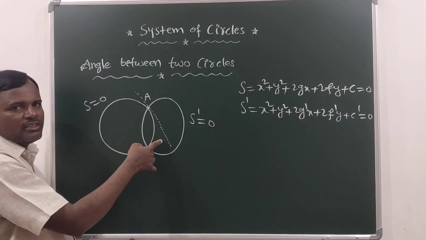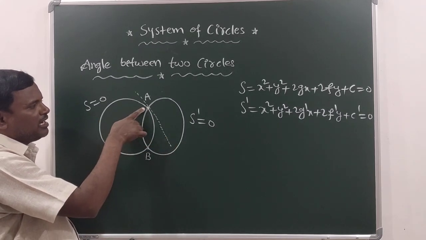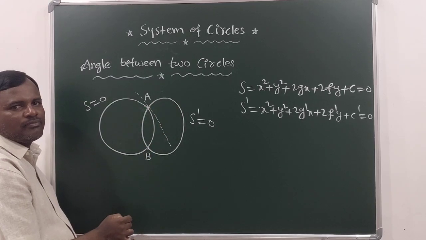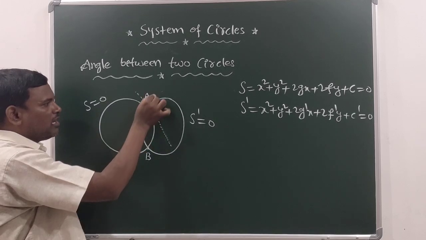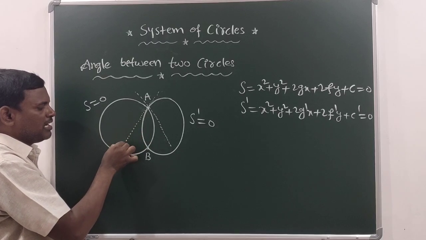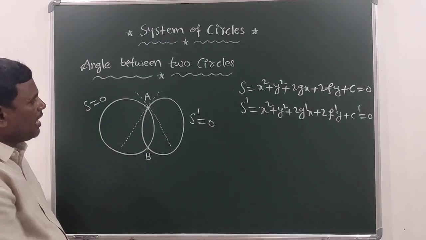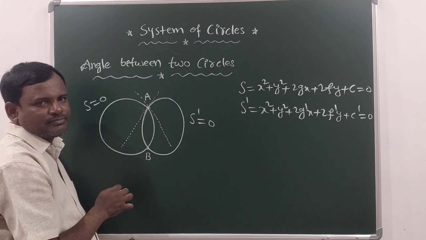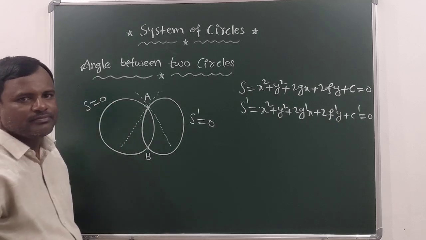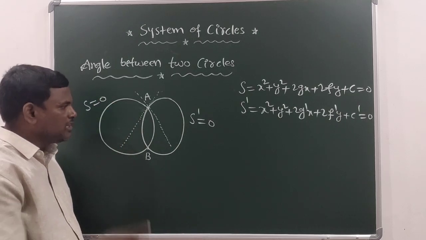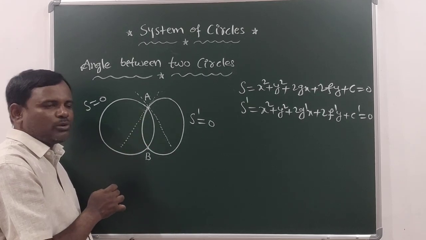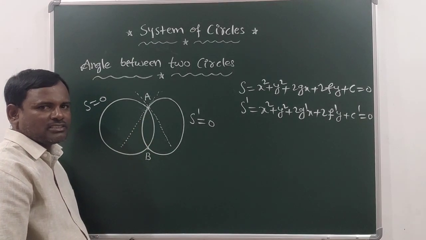So this is the tangent drawn to the first circle at this point of intersection, and go to the second circle, and draw one tangent at this point of intersection also. You will get like this. Angle between these tangents is equal to the angle between the circles. I hope you have got it. Angle between these tangents is equal to the angle between the circles.